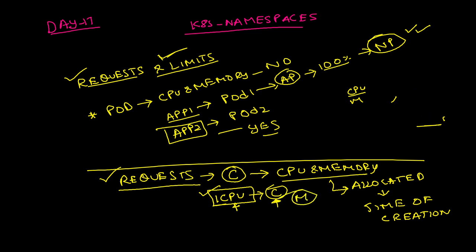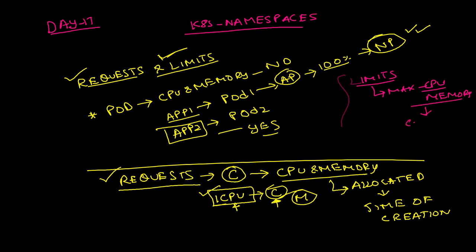In terms of limits, it would be the maximum CPU or memory a container can utilize. If I'm saying my request is one CPU, which means at the creation of my container, one CPU will be allocated.